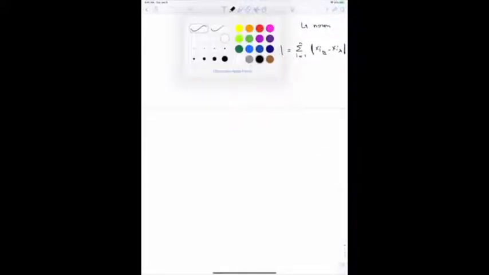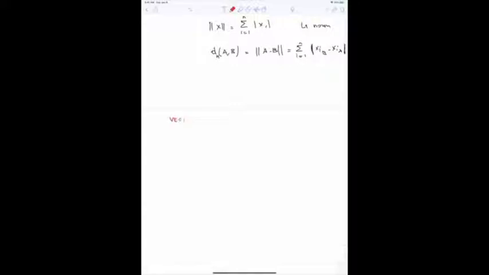Now I'm going to give you a couple of other definitions. We're going to define a vector space. Sorry, a vector metric space, or simply the metric space.